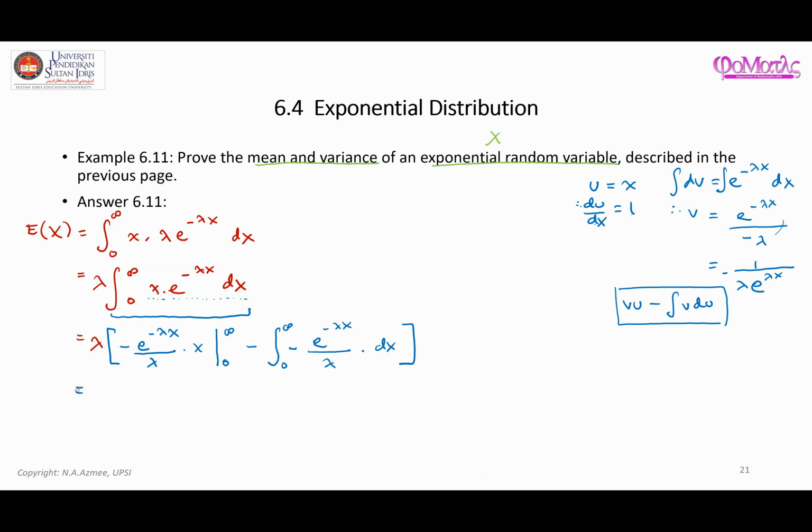And we can simplify that to be negative x over λ e^(λx) evaluated from infinity to 0. Negative times negative is positive. 1 over λ can be taken out as this is a constant. So we have the integral from 0 to infinity of e^(-λx) dx.